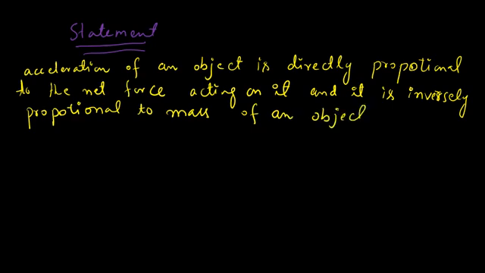So we can conclude these two results from our experiment in the form of statements that acceleration of an object is directly proportional to the force on an object and inversely proportional to the mass of an object. So in mathematical form, we can write it like a is proportional to F over m.